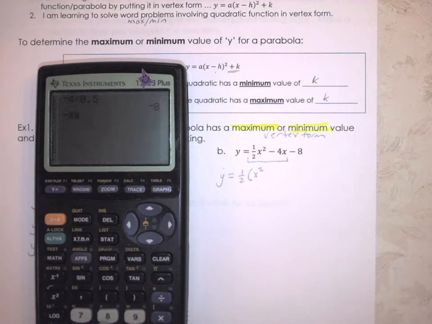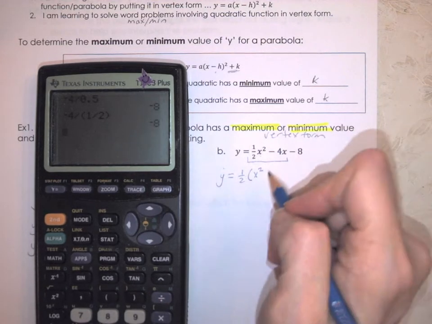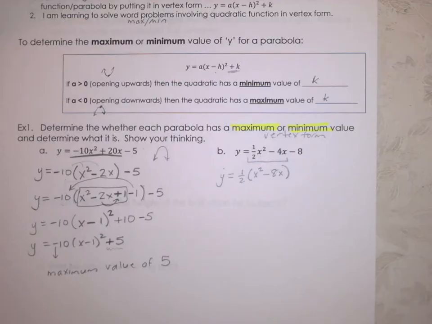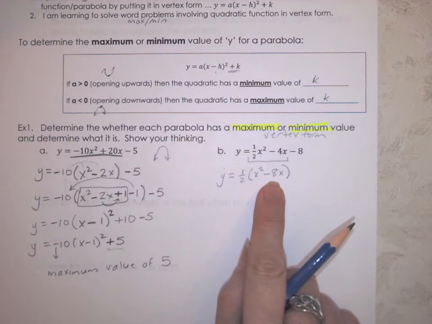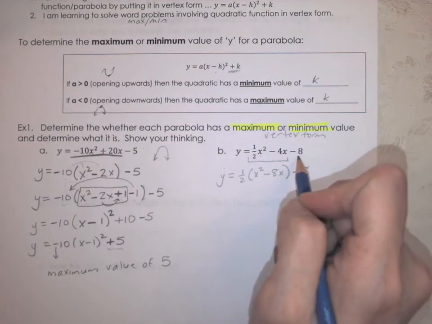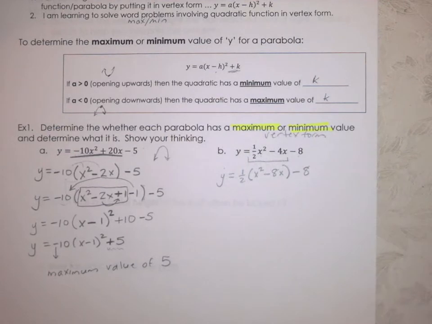Or you could do -4 divided by bracket 1 divided by 2 as a half, and you get -8. So -8x. Close your bracket because you're just factoring the a value out of the terms that contain x. And then you still have this -8. Don't forget about your c term. Okay?